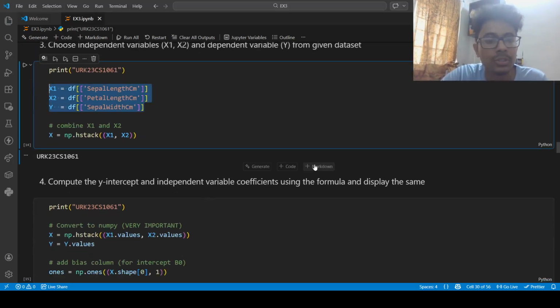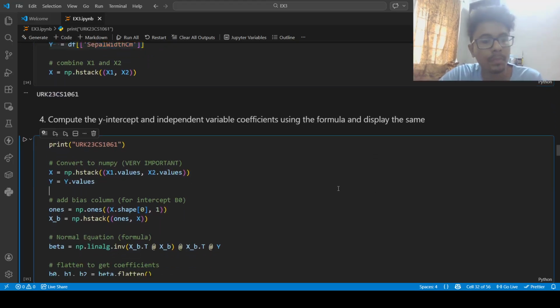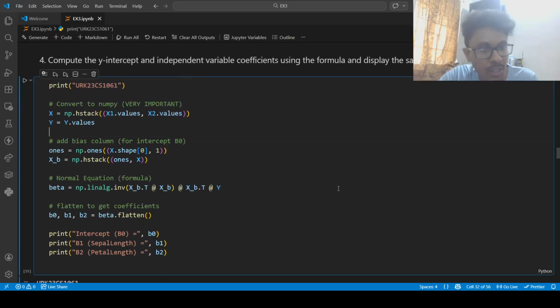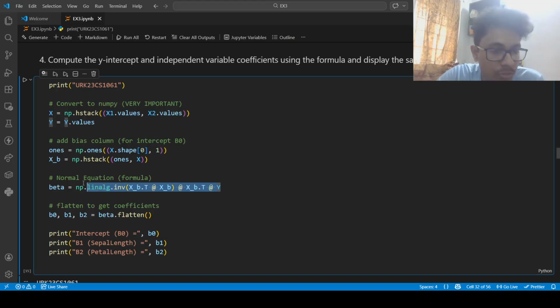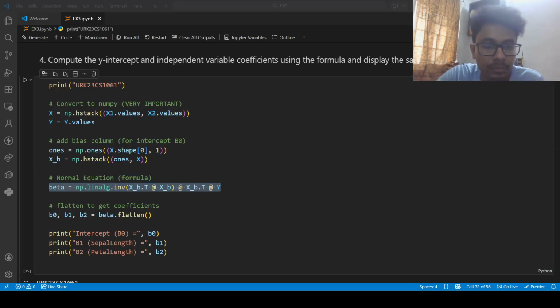So yeah, the next question is compute the y-intercept and independent variable correlation coefficient using the formula and display the same. So this is a very important concept. Here, the formula is beta is equal to x transpose into x the whole inverse multiplied by x transpose into y. So that particular piece of code is this equation, the normal equation.